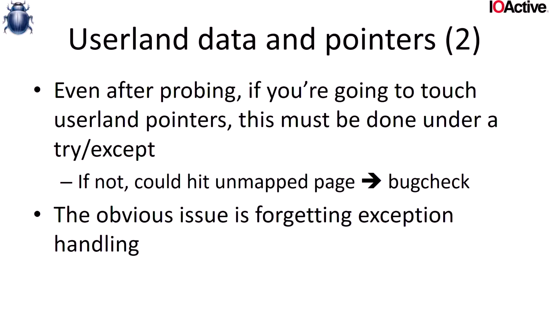The second variation of this is, let's say you take a user pointer in kernel in your driver, you've now probed it, and you're going to start using it. You can still do things that are horribly wrong. Every time you use a userland pointer in kernel, even after it's probed, you must always wrap it in a try except.